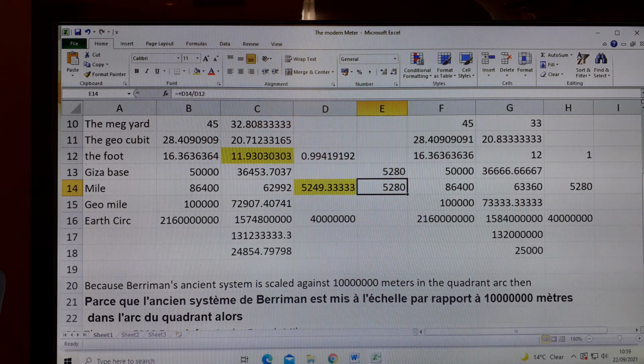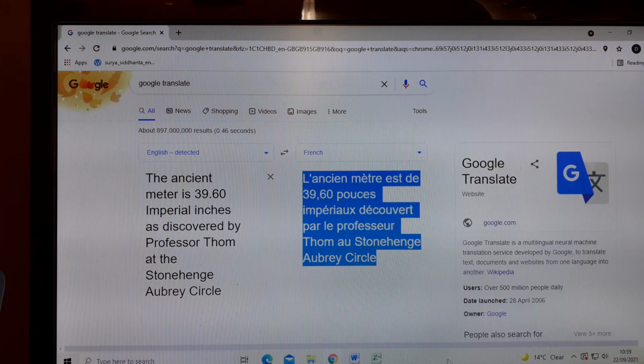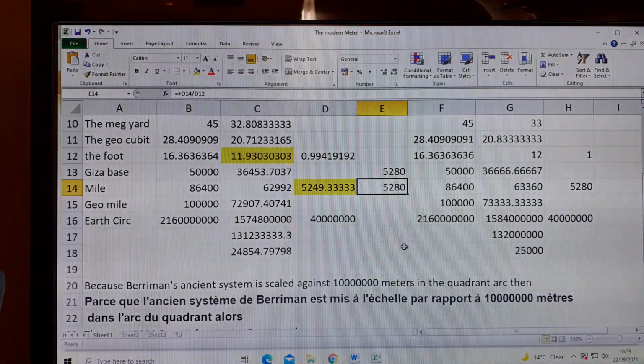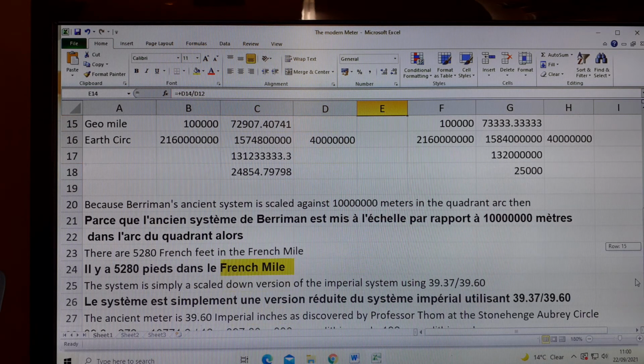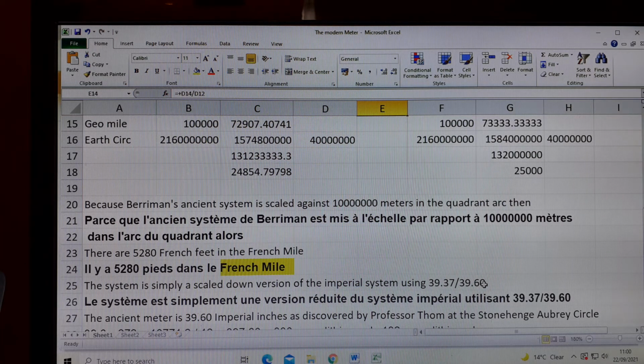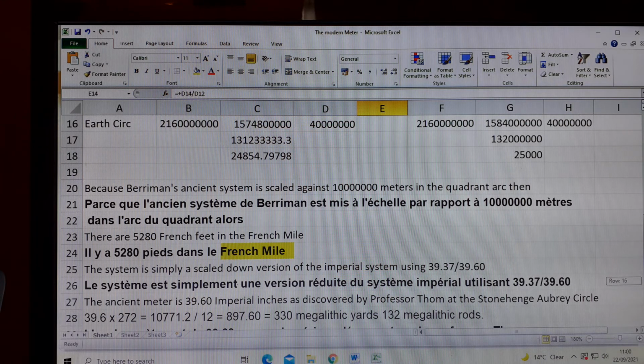So let's have a look at what I'm saying next. There are 5280 French feet in the French mile. We've covered that. The system is simply a scaled down version of the imperial system using 39.37 divided by 39.6, as I've just said.